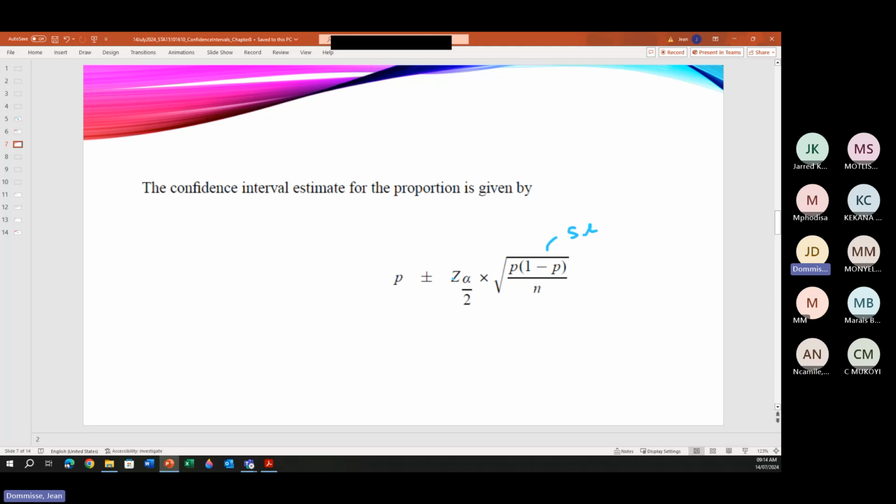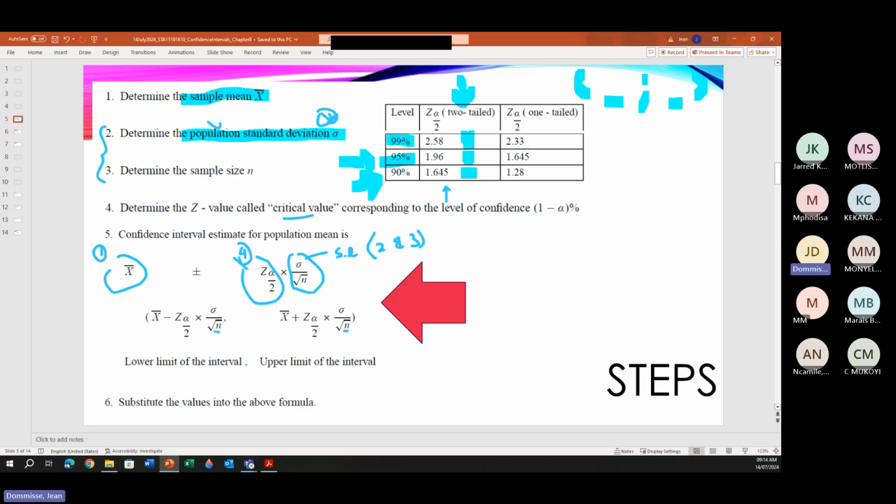We can use those that is in the slideshows, because again, in the exam, you will not get a 98%. You will get a 90, 95, or 99% confidence interval. Okay, so you don't need to worry that in the exam you will now suddenly get different. In the exam, it is clear it will be one of those 3.